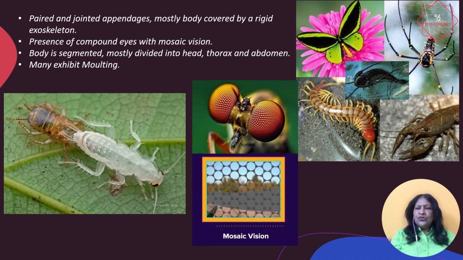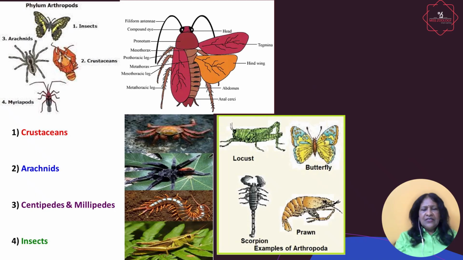Next we come over to the different classes under Arthropoda. They are Crustacea, Arachnida, centipedes and millipedes under Myriapoda, and Insecta. Why have I introduced all these classes? Let me tell you, this is the largest phylum under invertebrates.